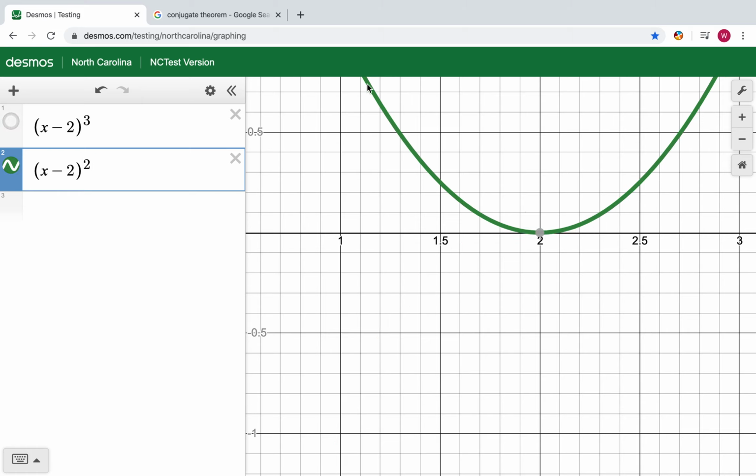Okay. So it bounces and it changes direction. Okay. So if you have a factor, or if you have a polynomial in parentheses raised to a power, that power tells you how many times or how many number of roots is at this particular factor.